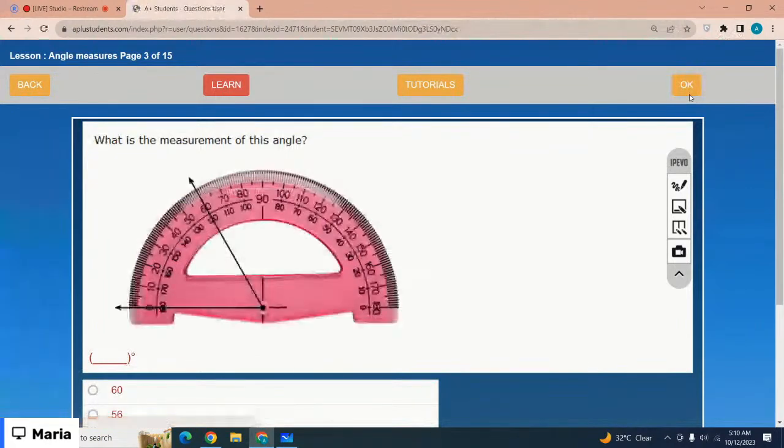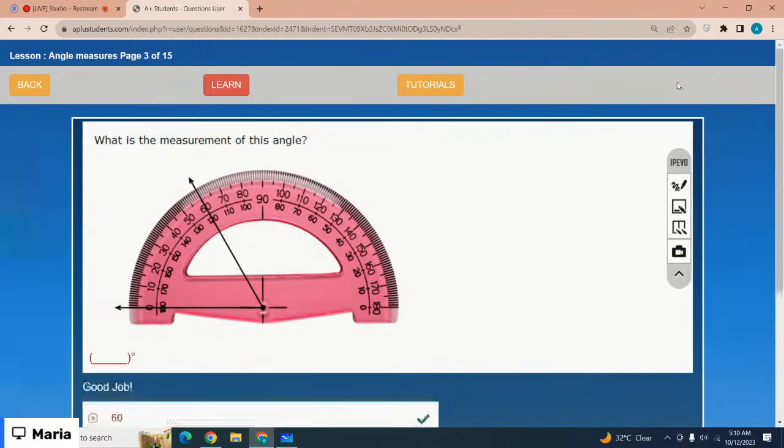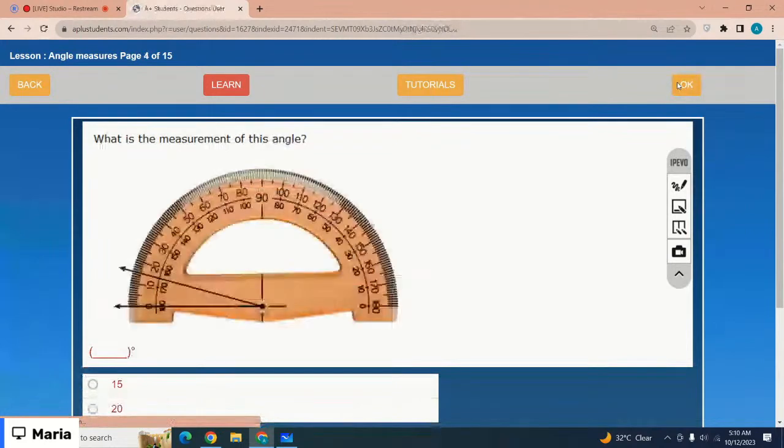What is the measurement of the angle? Yes, that would be 60 degrees. The correct option is 60 degrees. What is the measurement of the angle? Yes, that is 15 degrees.